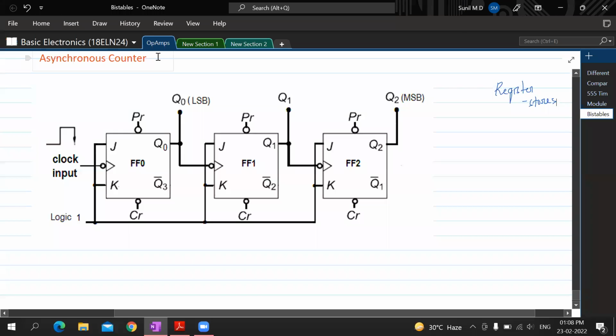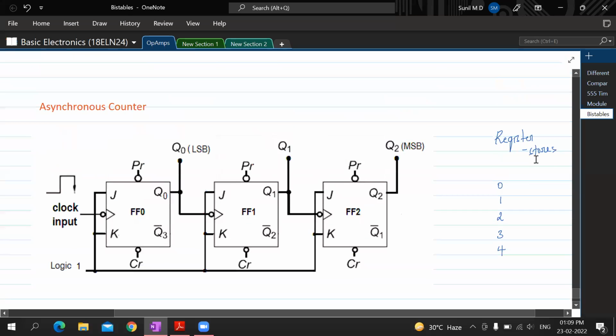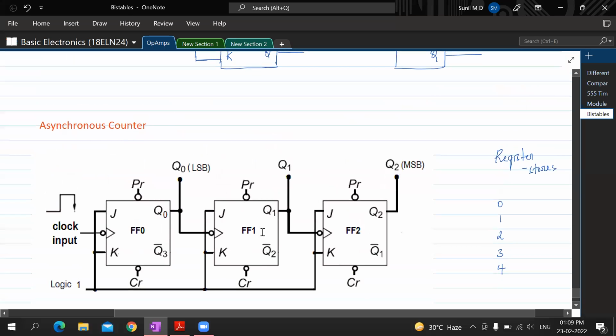But a counter counts. Counting means what? 0 will become 1, 1 will become 2, 2 will become 3, 3 will become 4. How many flip-flops are being used? 3 flip-flops are used. So it's a 3-bit asynchronous counter. Why it has to be called an asynchronous counter is what we shall understand now.